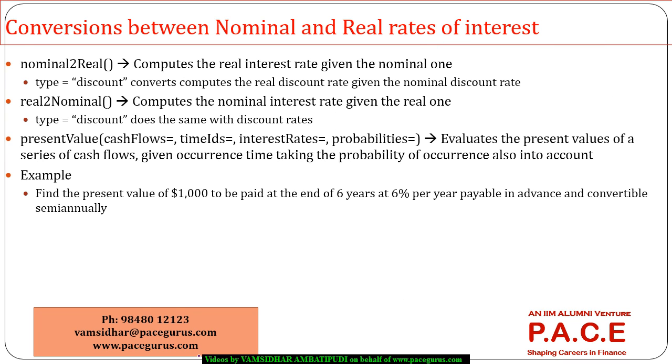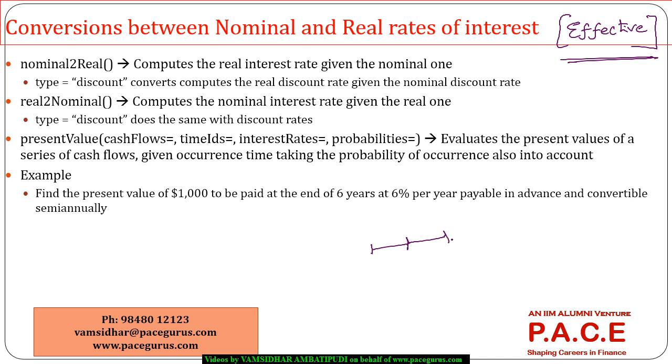So let me look at the conversion between the nominal rate and a real rate. Nominal, we have already got clarity on now, right? Real is what I am calling the effective rate of interest for that period. Right? Nominal is wherein the compounding frequency I'm not considering. It's only the per period effective rate.